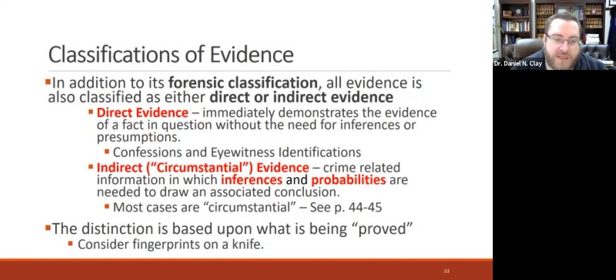But really, indirect evidence is going to be really, really important when we're thinking about how we prove a case and what we need to look for when we start looking at bodies and we start looking at wounds and things along those lines.